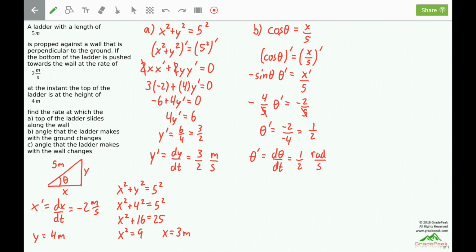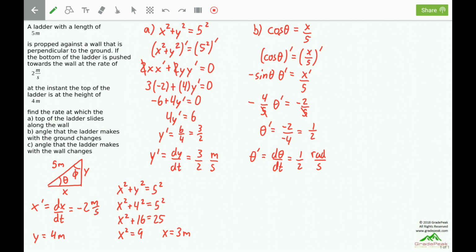For part C, we want to find the angle that the ladder makes with the wall, what rate that changes with. If we go back to the picture, I can name that angle, say, phi. It's that angle there on the triangle.